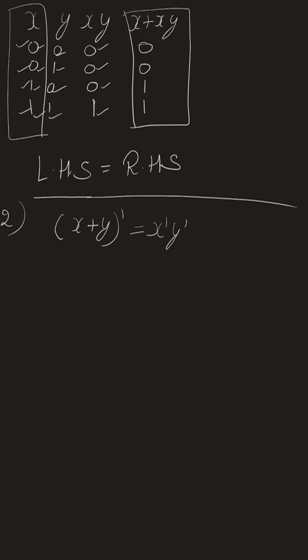So we need possible combinations of x and y. You can write down here x y, and firstly 0 0 1 1 and 0 1 0 1. Now x plus y: 0 plus 0 is 0, 0 plus 1 is 1, 1 plus 0 is 1, and 1 plus 1 is 1 here.